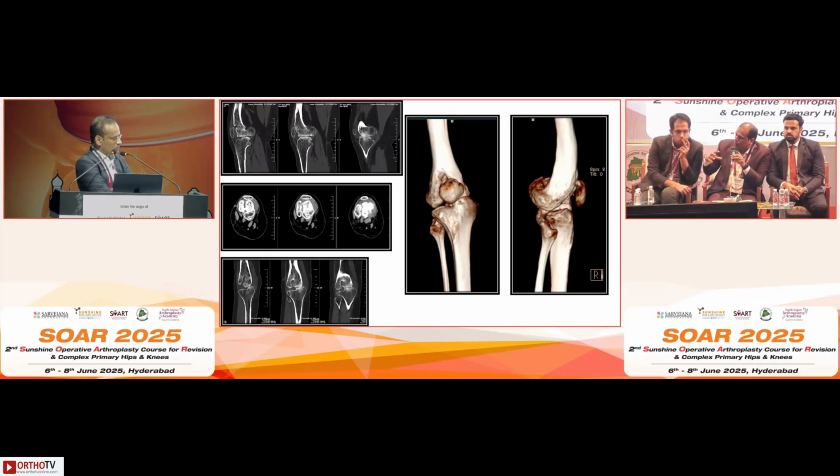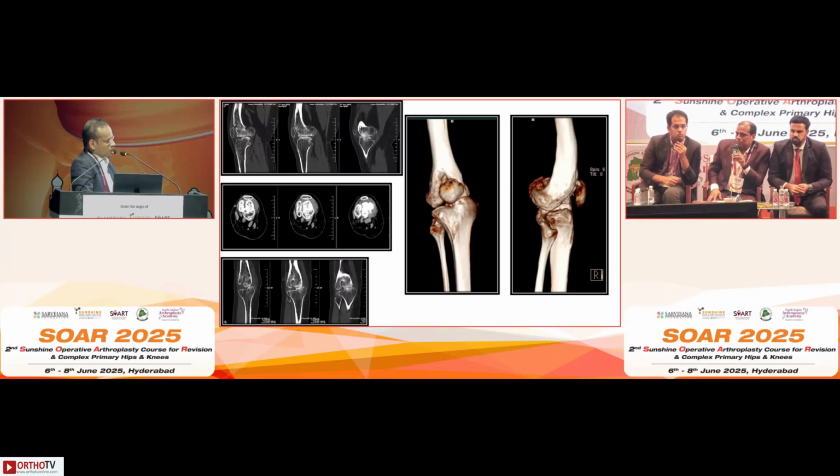We only know about the bone, but the other tissues are also evolving as they become skeletally mature. So when they have a pathology before that, the entire 360 degrees of the knee will be contracted in terms of capsule, muscles, ligaments, and even the bone. You can see there is definitely a procurvatum deformity in the femur. This is due to developmental changes that happened during skeletal growth.